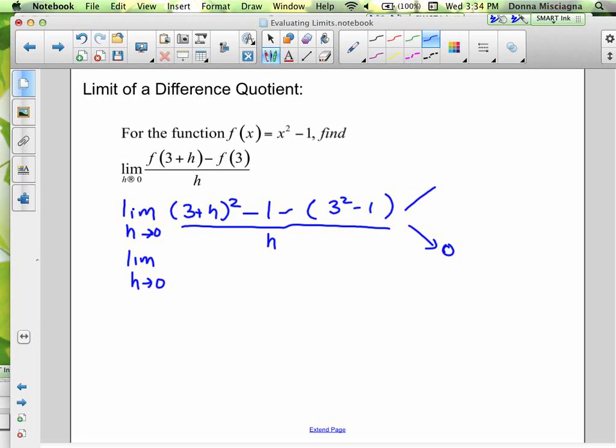If I plug in 0, I'd have 3 plus 0 squared, so that's going to be 9, minus 1, and then I'll be subtracting a 9 minus 1. Now I'm just going to have 9 minus 1 minus 9 plus 1, and of course that's just 0. So you see we can't substitute in because we would have an indeterminate limit.